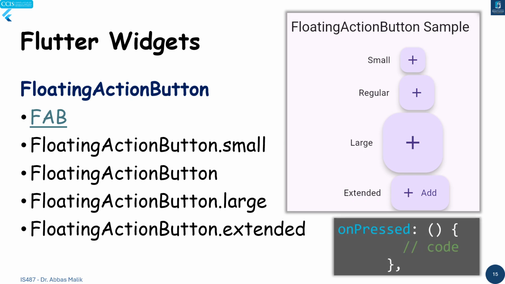We have also seen the floating action button. And again, in the floating action button, the only compulsory thing is the on press. We don't need to provide any child or something like that. Okay. So we have different types of the floating action buttons: small, large, default, and extended.